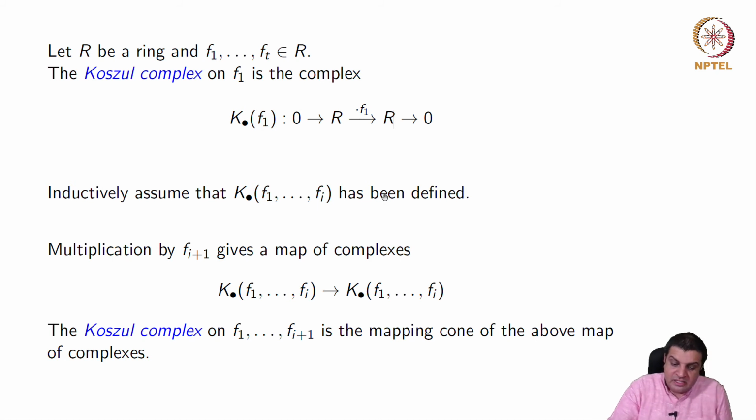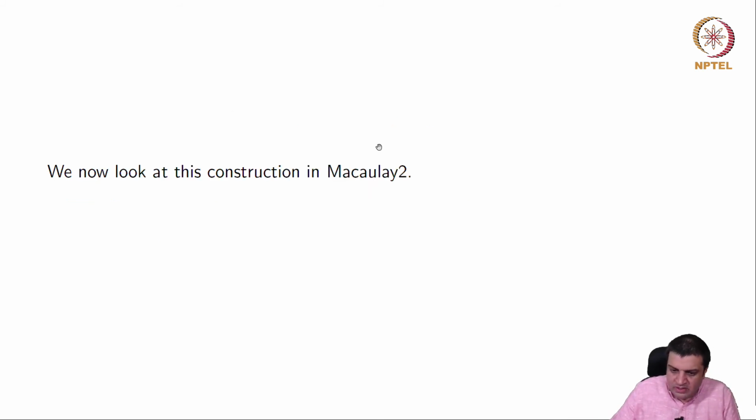Okay. Now multiplication by Fi plus 1 gives a map of complexes, just a map of complexes, and the Koszul complex on F1 through Fi plus 1 is a mapping cone of the above map of complexes. Okay. So if there are two, and we will see in Macaulay how these things are constructed.